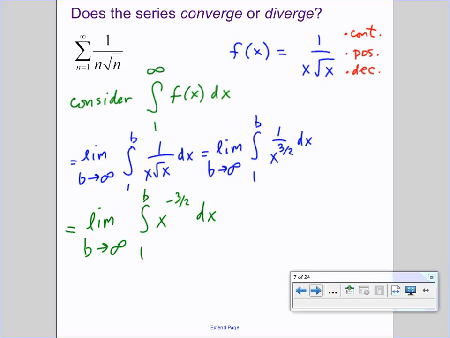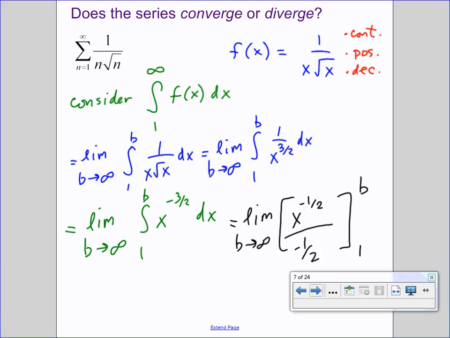So I'll integrate this and get x to the negative 3/2 plus 1, which would be x to the -1/2. We're doing that right? Math's hard. Numbers are hard. x to the -1/2, and then divide by the new exponent. Is that right? And then evaluate it from 1 to b.